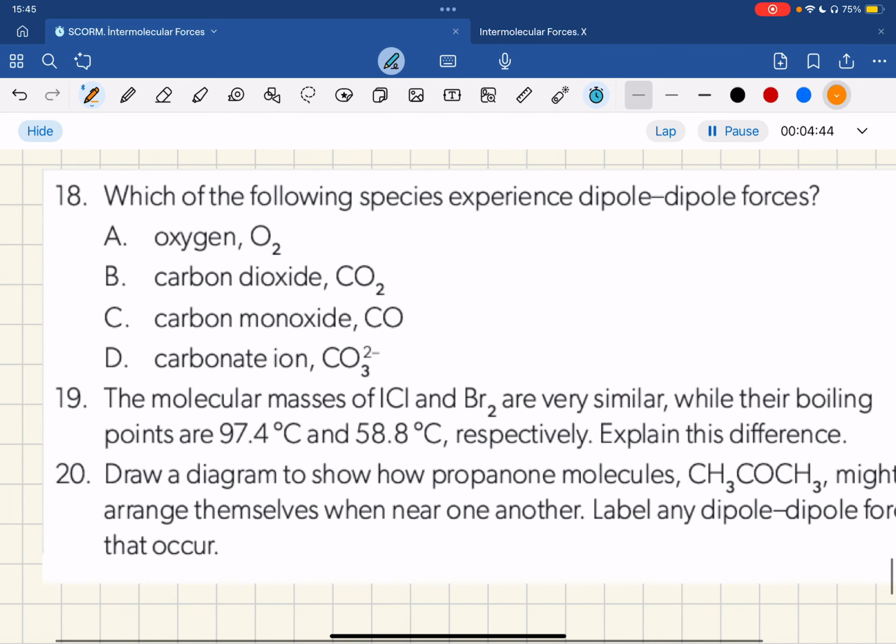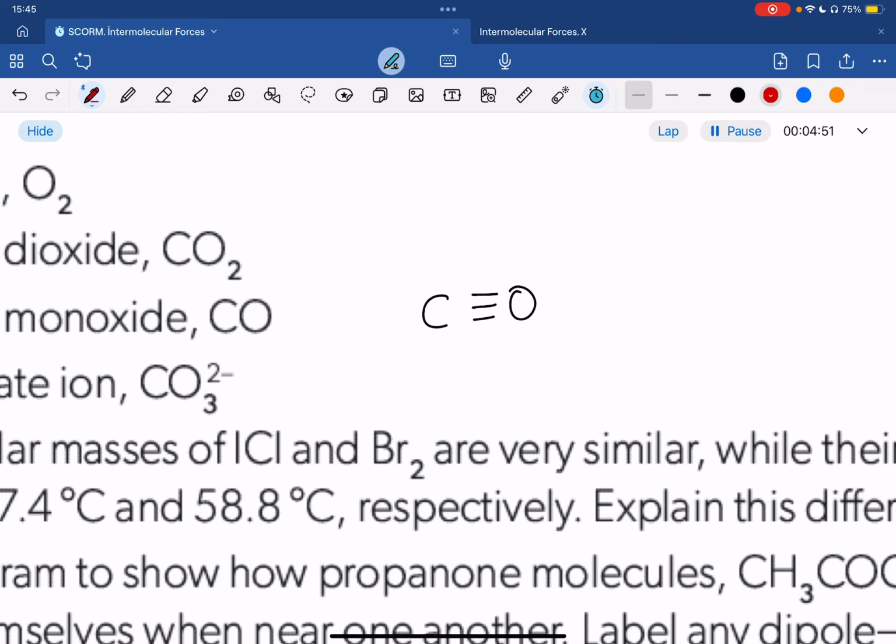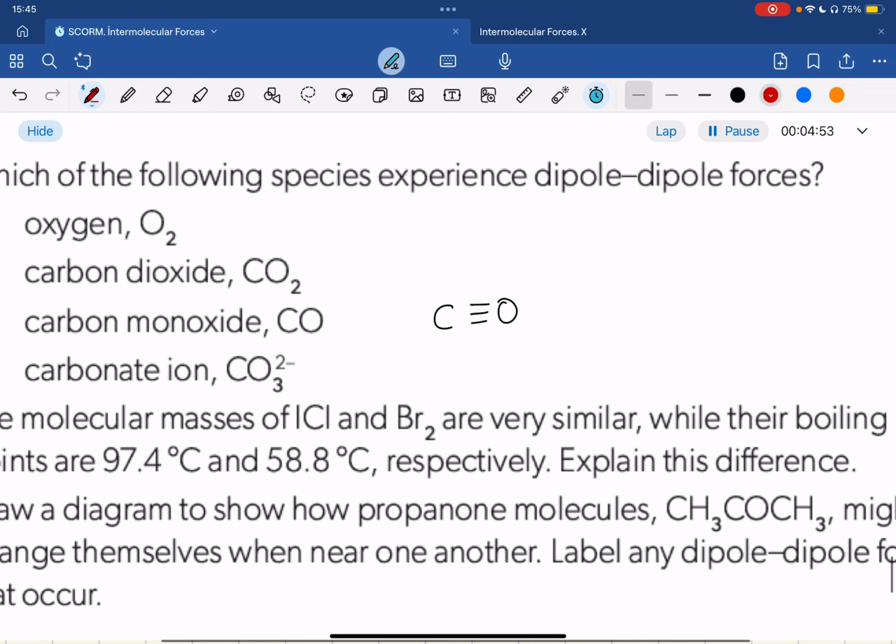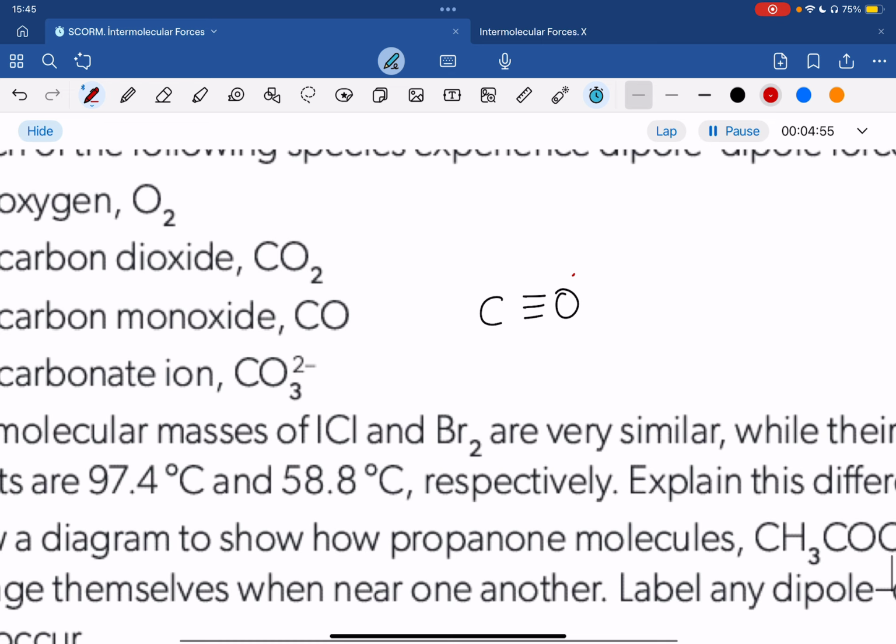But in the example of CO, let me write CO in here. By the way, CO has coordinate covalent bonding too. Oxygen is more electronegative than carbon, so one end is positive and another end is negative. Let me draw an adjacent molecule. Partial negative, partial positive, oxygen is partial negative. So we are going to have a permanent dipole in here.